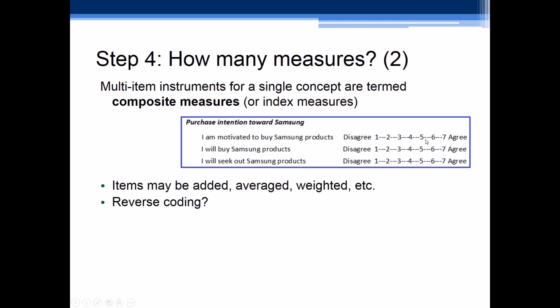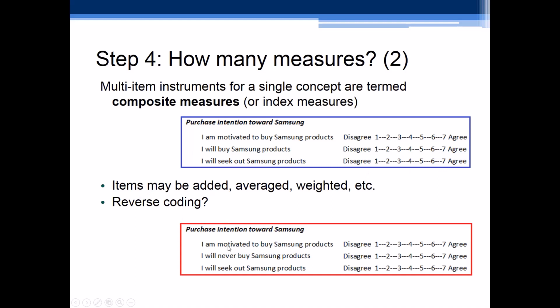When we have multiple composite measures in this way, one really valuable thing that it allows us to do is reverse some of those items. So down here you can see this second question has the wording reversed, so it's framed in a negative way compared to a positive frame up here. So instead of saying I will buy Samsung products, you could also ask I will never buy Samsung products.